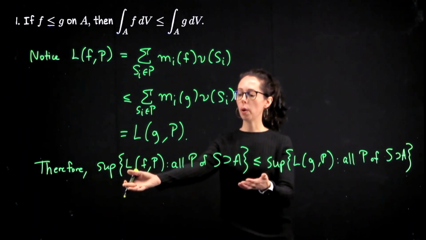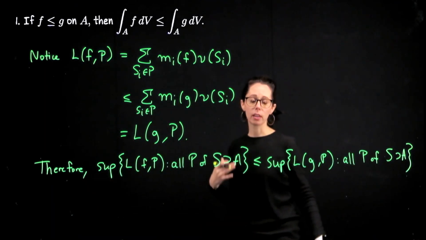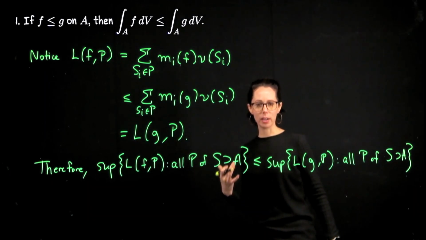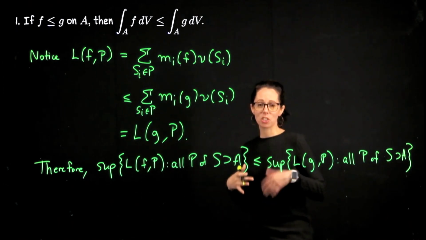This is exactly what we call the lower integral of F over A, and this is exactly what we call the lower integral of G. F and G are both known to be Riemann integrable. So when we say lower integral, that is, in fact, just the integral.